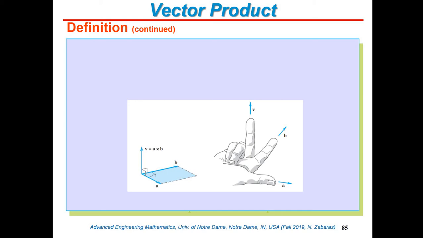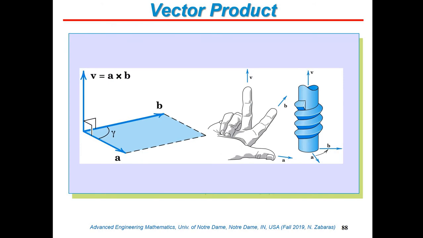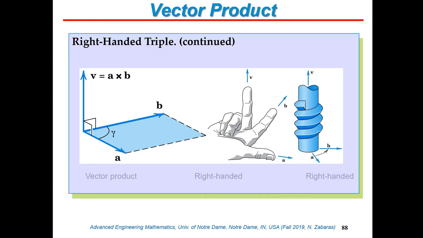Let me show you this alternative definition of the direction V with the right-handed screw. Any way that works for you is fine with me. Just be sure that you know how to calculate A cross B properly.